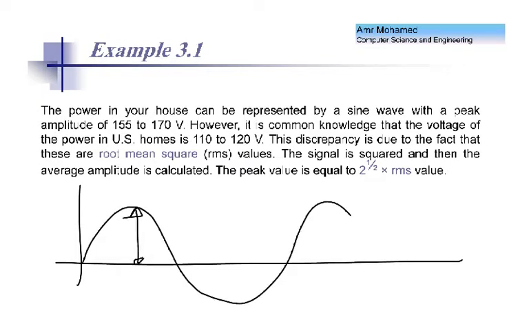So when we say 110 or 220, what we refer to is supposedly the peak of the signal. This peak of the signal is proportional to the amount of energy that the signal carries. So if this amplitude increases, this means that the signal has more energy. If this value is reduced, this means that this signal has less energy.